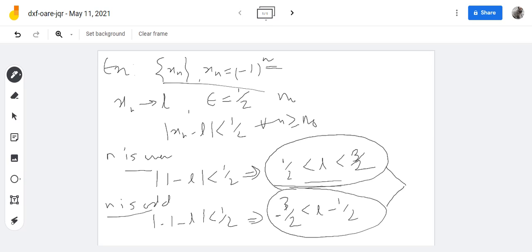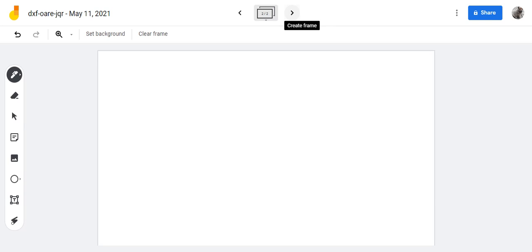We can also verify that this sequence does not diverge to plus infinity or minus infinity. Actually, it is an oscillatory sequence. Is that clear? So this is how you prove this sequence is not convergent.